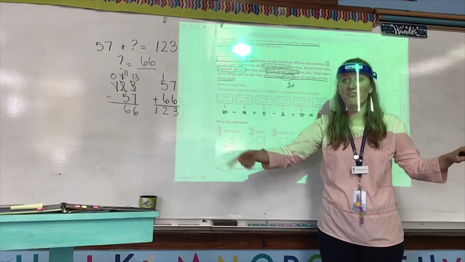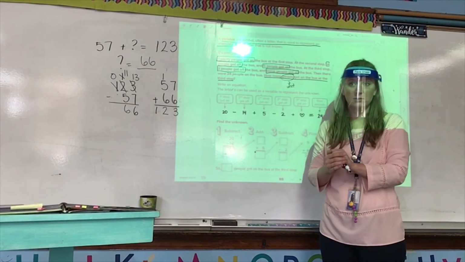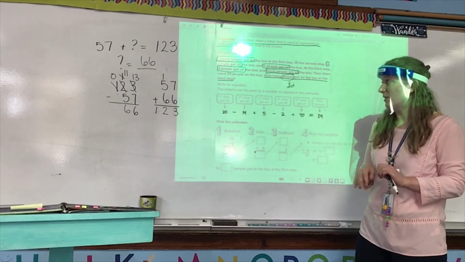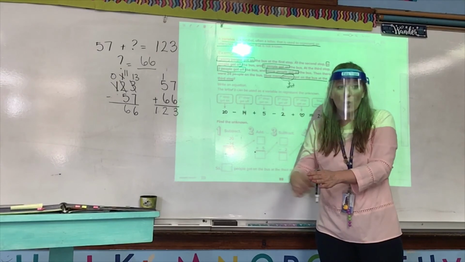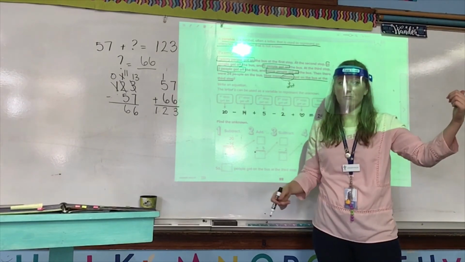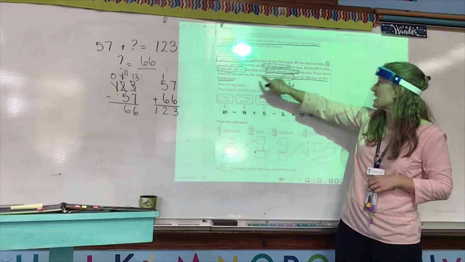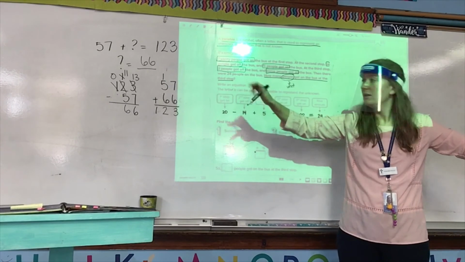We were trying to find the final amount. It said, how many do they have in their account now? In this problem, we know how many people are on the bus now. We're trying to figure out how many got on before now. So we know if it says, then there were 24 people on the bus, period.